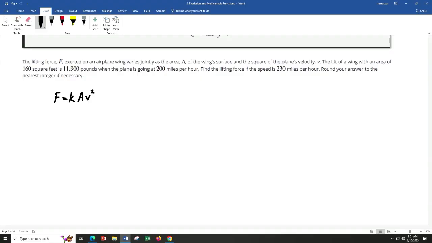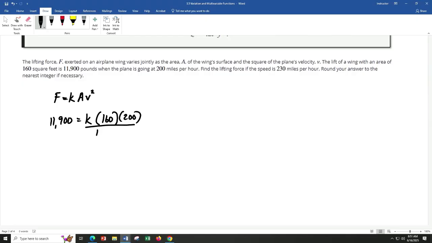Well, we can put all this information in, can't we? This is going to equal 11,900, because there's my force, equals K multiplied by the area, 160 square feet, and they say at 200 miles per hour.